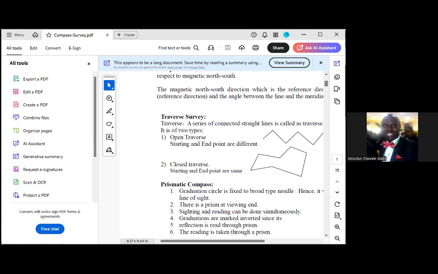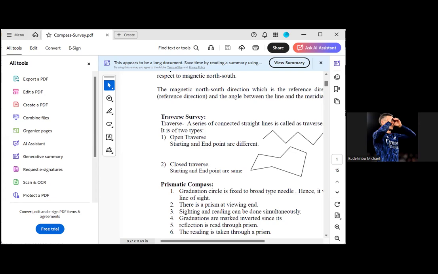Chain surveying, we said, is the simplest form of surveying in which we only deal with linear measurements, that is, distance measurements. We don't do any other measurement aside from distance measurement. That is why it's the simplest form of surveying.